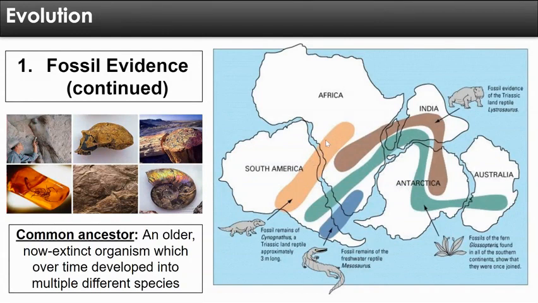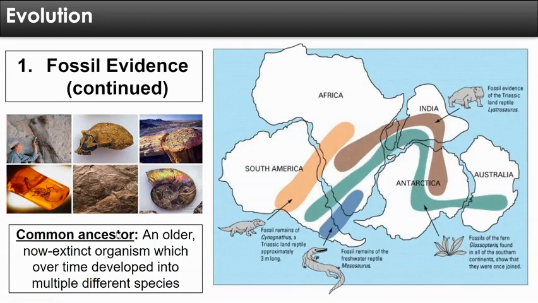So that shows that when the continents were closer to each other and attached, that organisms were similar, but now that the continents are no longer attached, those fossils are just proof that organisms were living and thriving in those parts of the world.